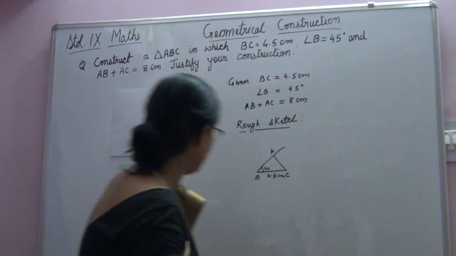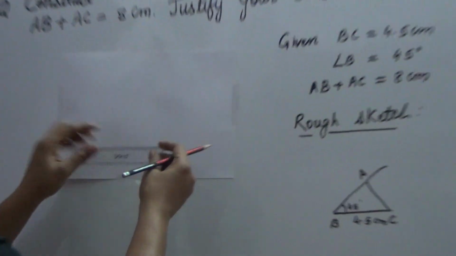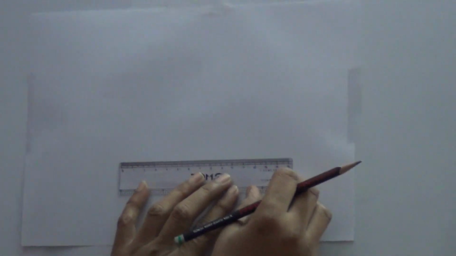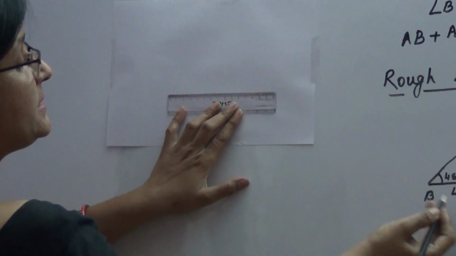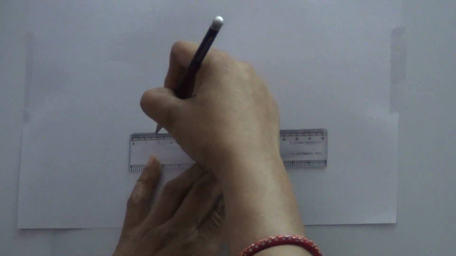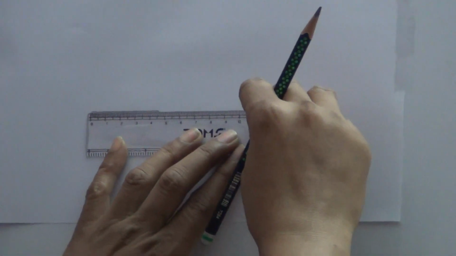here on the white sheet. Let us first of all take BC 4.5 centimeter. Here this is exactly 4.5 centimeter. I hope it is clearly visible to you people.